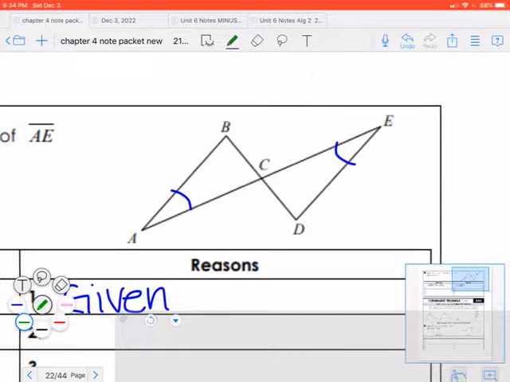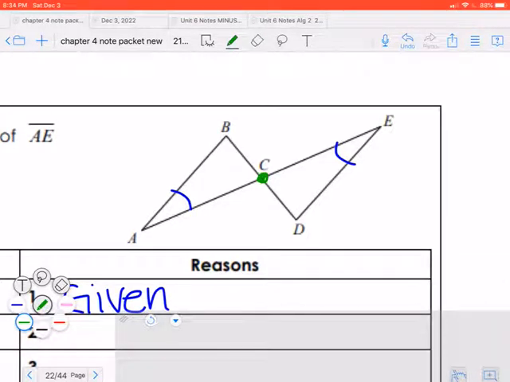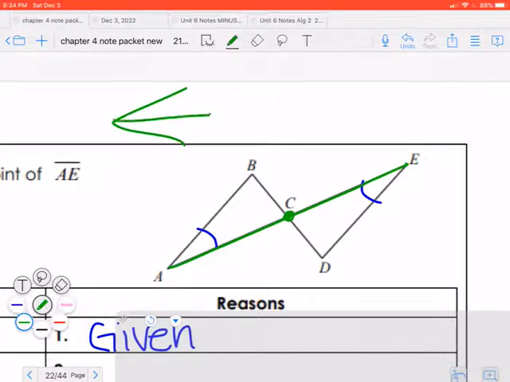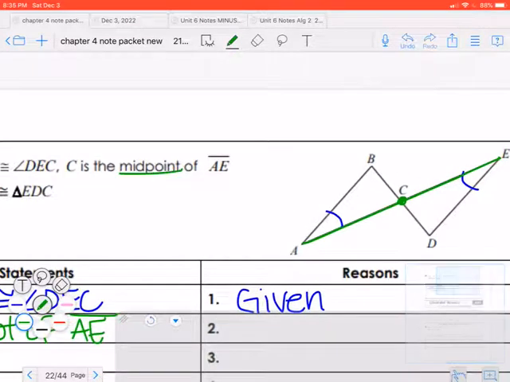Just like on the other two proofs, if they tell you an angle is getting bisected, the very next thing that you can conclude is that the two angles are equal. If they give you parallel lines and a transversal, then you can find alternate interior angles are equal. The midpoint is another one of those.